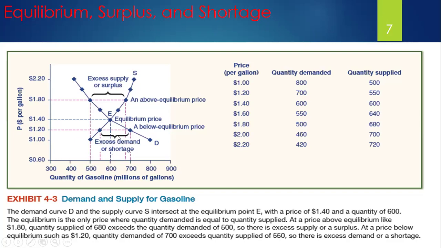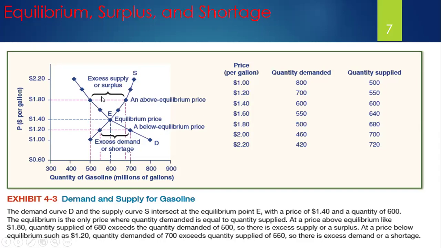So that means you have more quantity supplied than the market needs. You have more quantity supplied, which is 680, more than the market needs, which is only 500. So this gap is called a surplus.